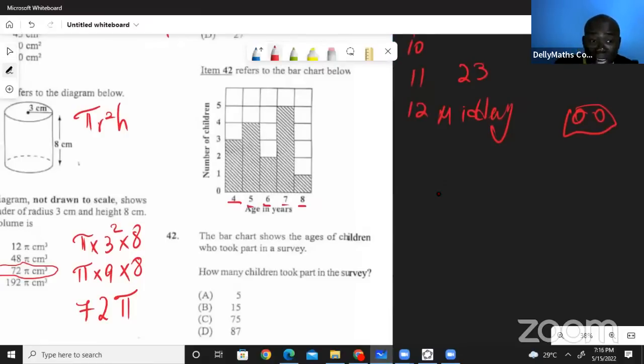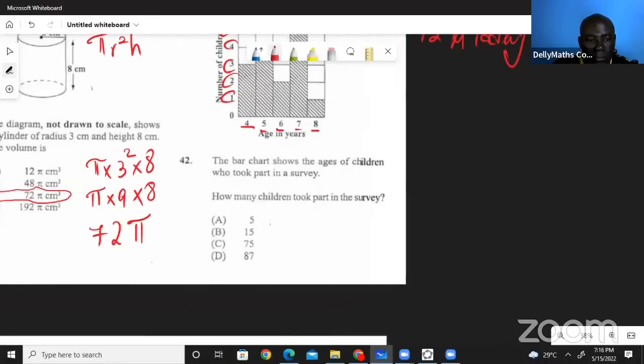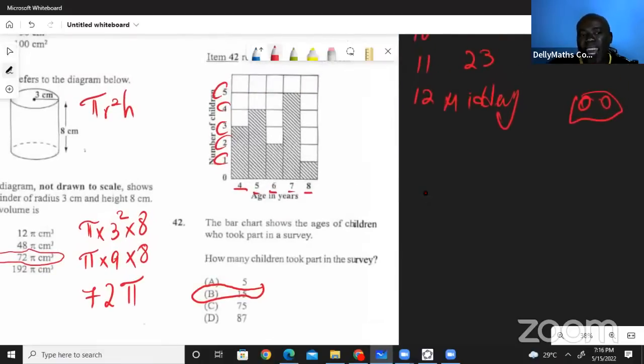All right, so I want to add up my 3 plus 4, that is 7, plus 2 down here, that's 9, and then 5 up there, that's 14, and then I come down here, and there's 1 down here, that's 15. So altogether, we're talking about 15. It's only 15 of them because this was just their age, as in 4-year-olds.